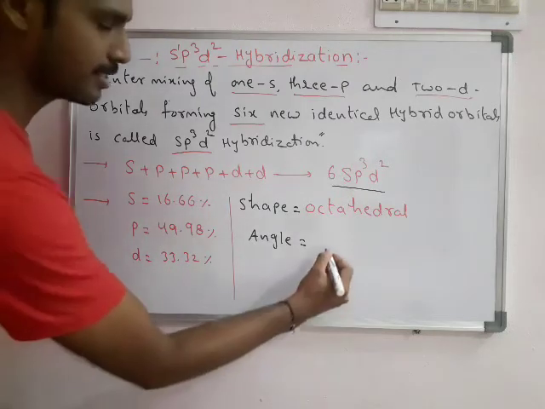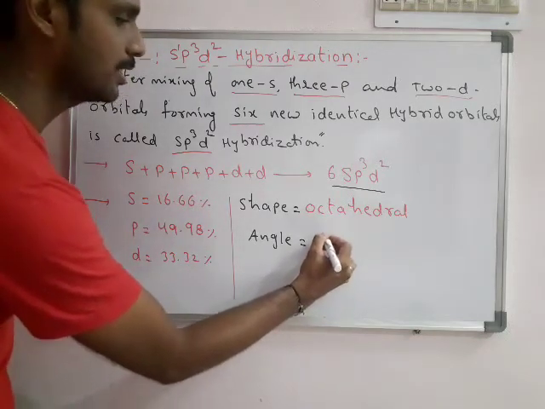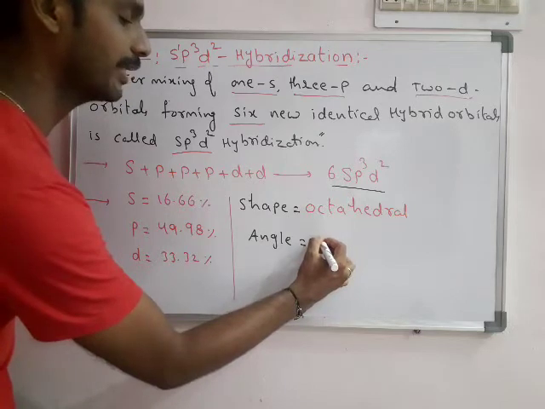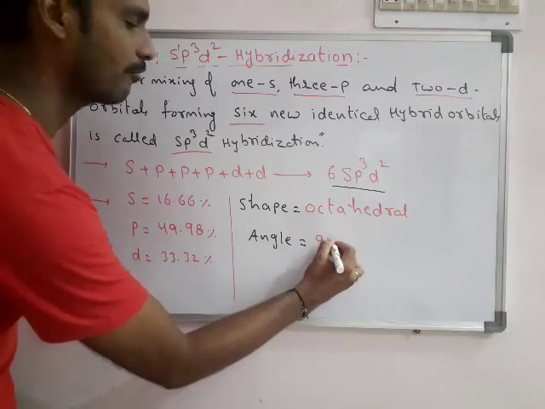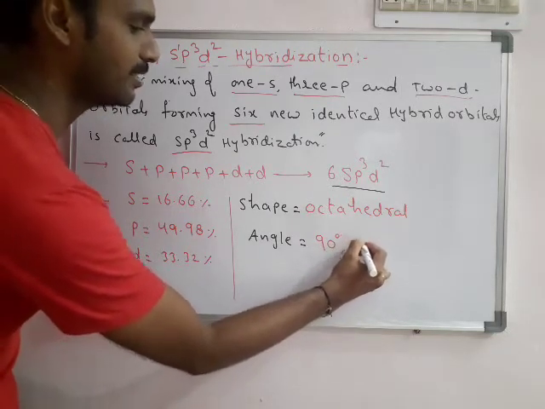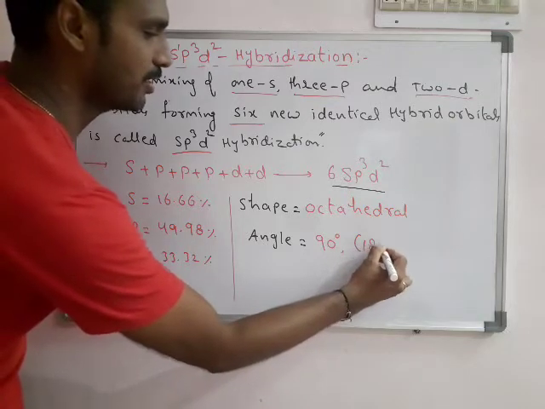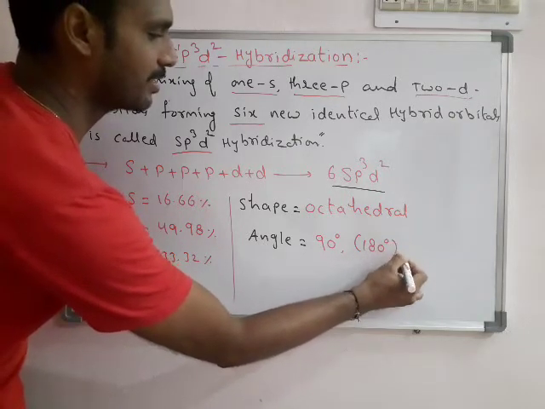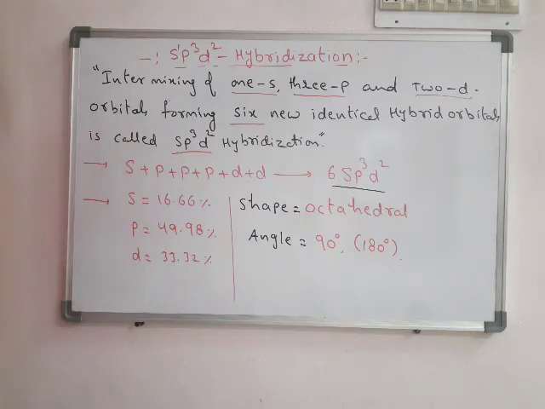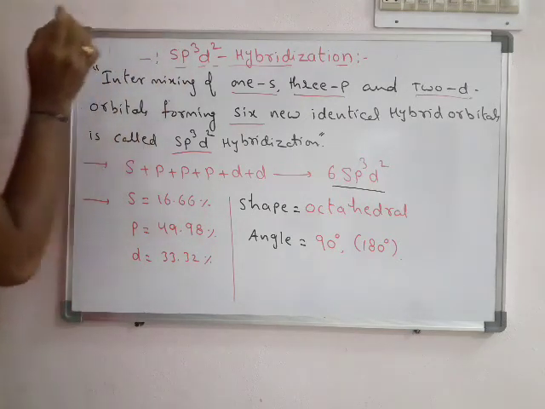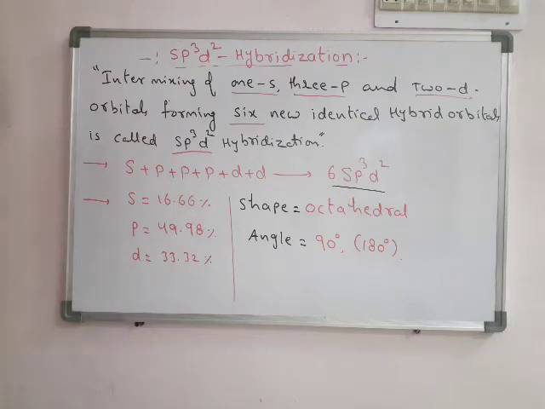Octahedral means we will get the perfect bond angle of 90 degrees, and one more bond angle we can get, that is 180 degrees. So this is sp3d2 hybridization.